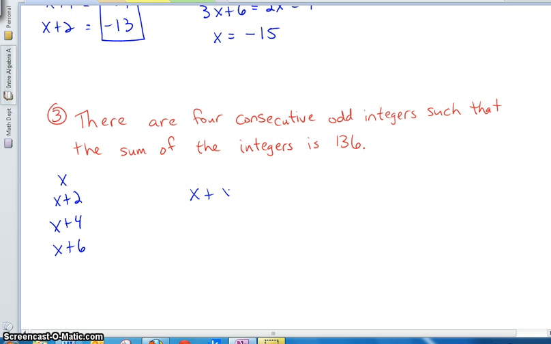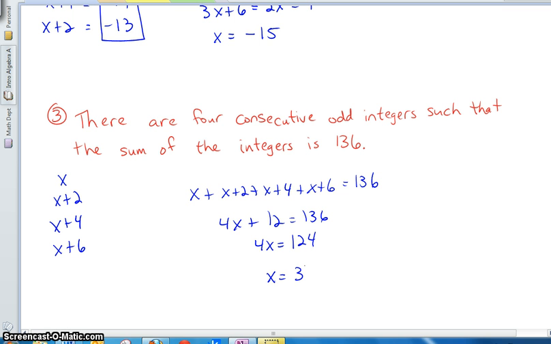So sum means I just add them all up. And you're done.